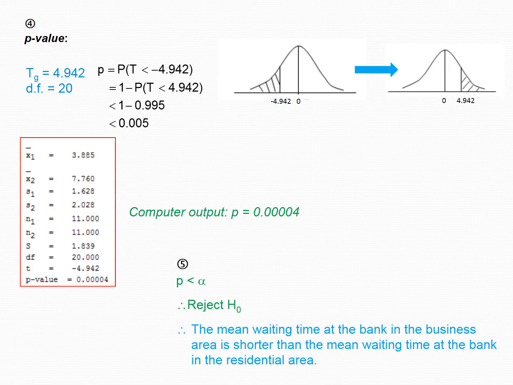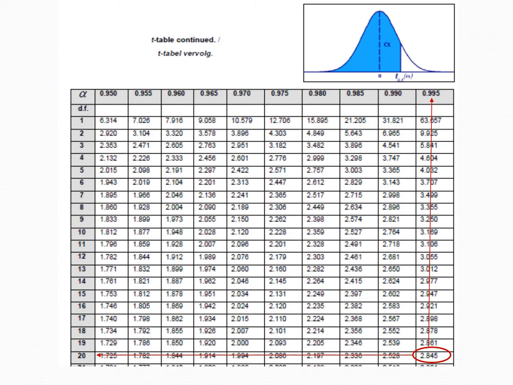But I only have the values to the left hand side in my t table, so to get that area I can write that as 1 minus the probability that t is less than 4.942. However, if you look in your t table, you will see that the last value at the degrees of freedom of 20 is a probability value of 0.995, and that will be to the left hand side.